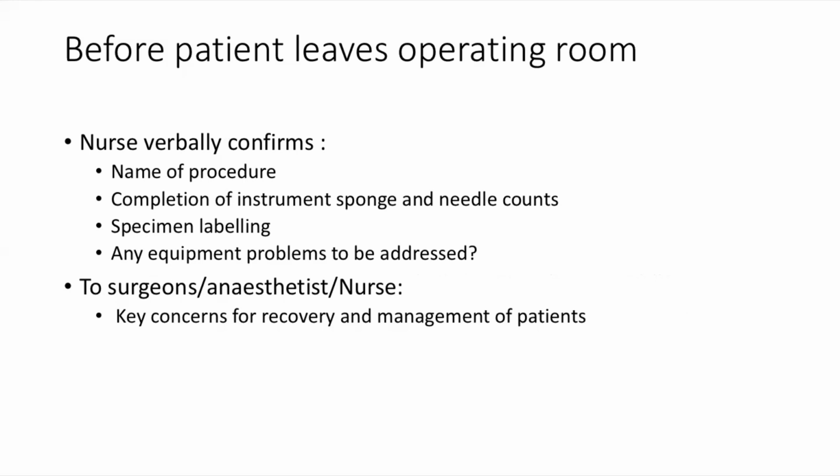If a specimen is removed, proper labeling of the sample. If you faced any equipment problem, you discuss that also. And key concerns for recovery and management of the patient: certain things need to be monitored for the next 12 or 24 hours. There you confirm whether appropriate notes have been documented in the case sheet or not.